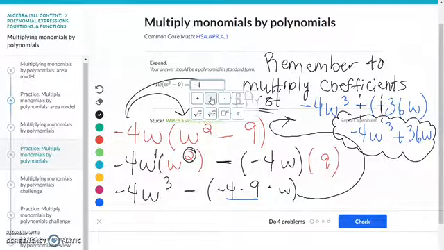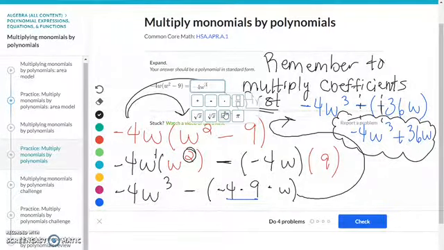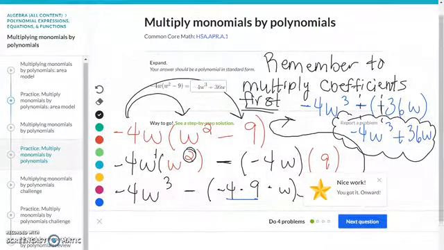You need that exponent to the third power. Then you just hit tab. And it's plus 36w. Then you click the blue box on the bottom right to check it. And look, it is correct.